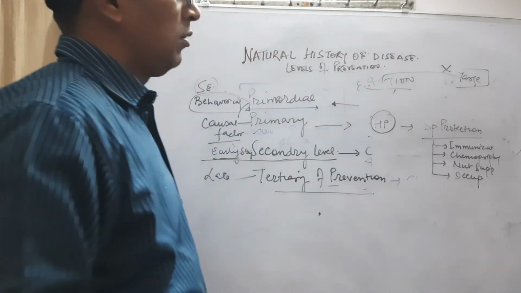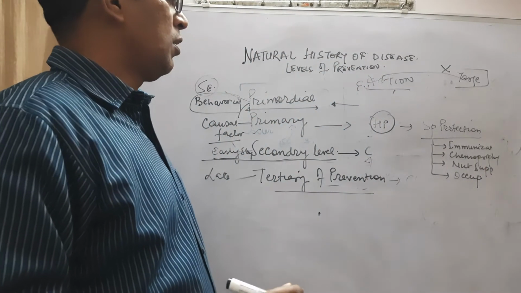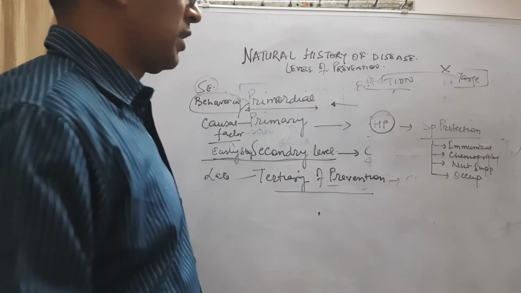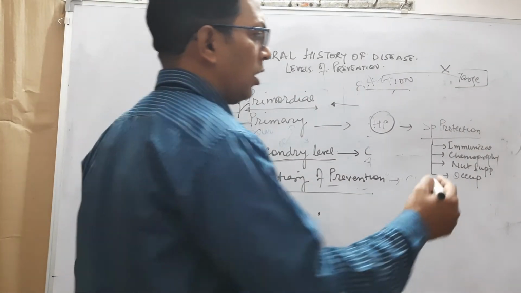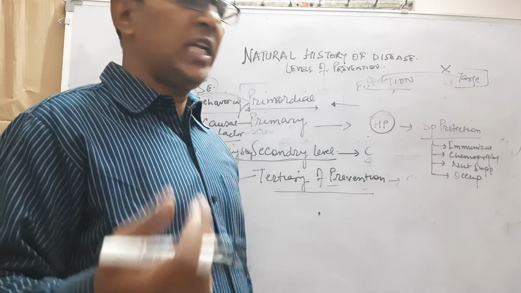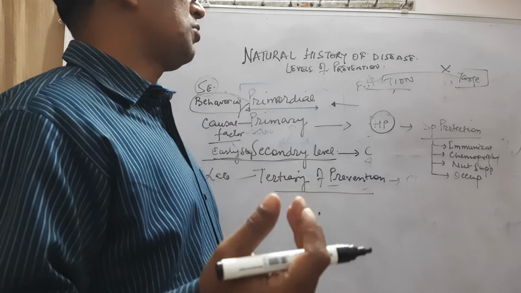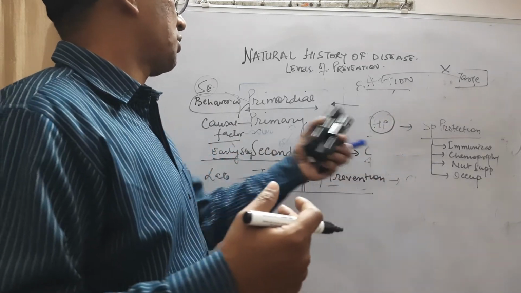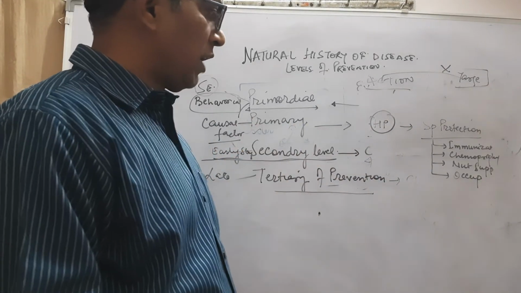There are questions which ask which level of prevention. For example, they will ask you a question: giving a BCG dose would mean intervention at which level? Giving a BCG dose would mean specific protection and would come under your primary level of prevention.